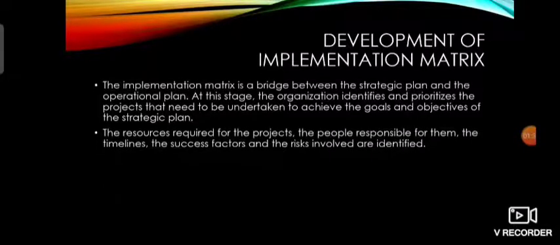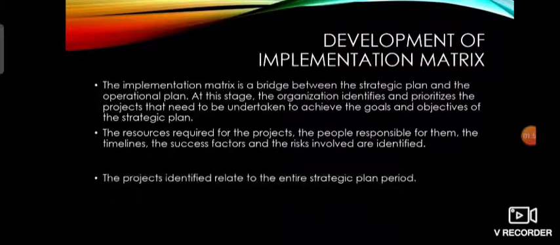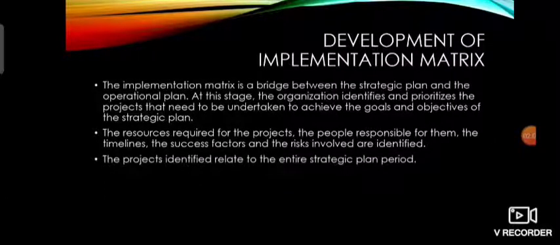Now, the resources required for the projects, the people responsible for them, the timelines, the success factors, and the risks involved are identified in this area. Right? So later on, we'll be looking at examples of the implementation matrix. Now, the projects identified relate to the entire strategic plan period as well.